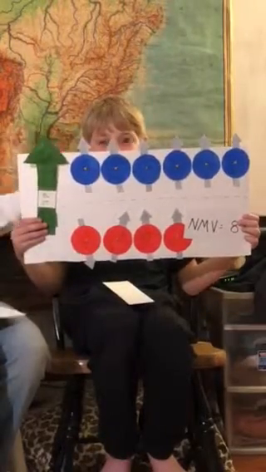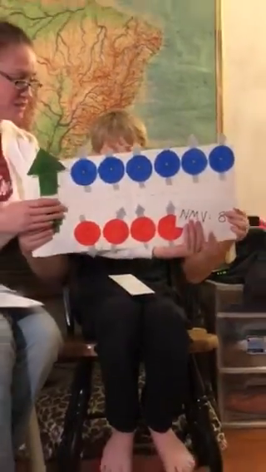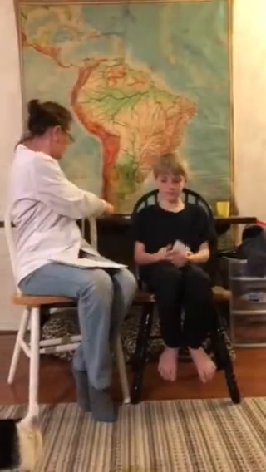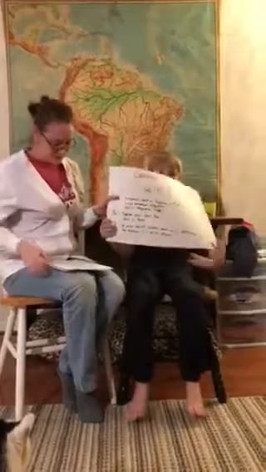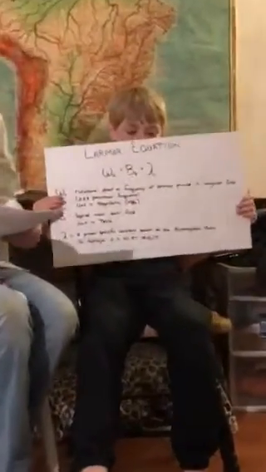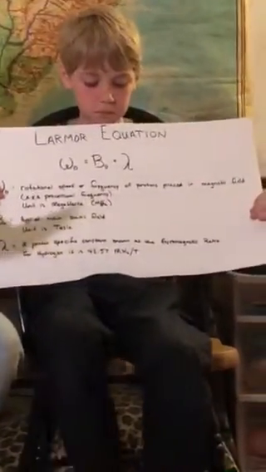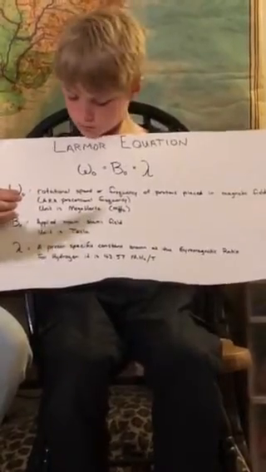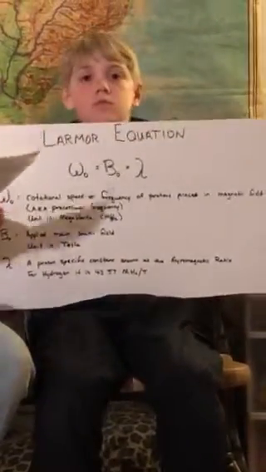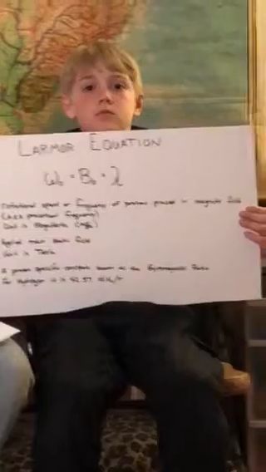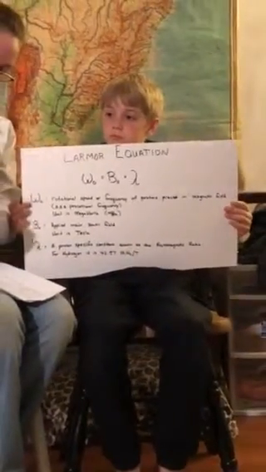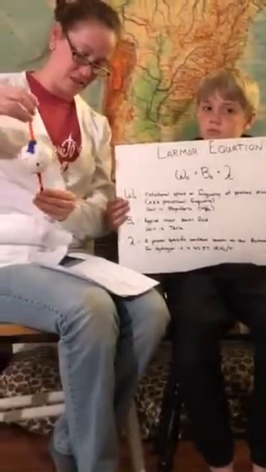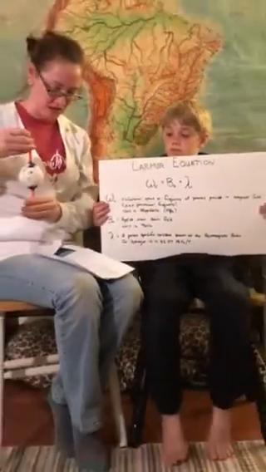Moving on to the next learning point, we will be discussing the Larmor equation. Here we have the Larmor equation, and when protons are placed in a strong magnetic field, they start rotating around their axis at a frequency of rotations per second, and this is determined by a constant number and the magnetic field strength.